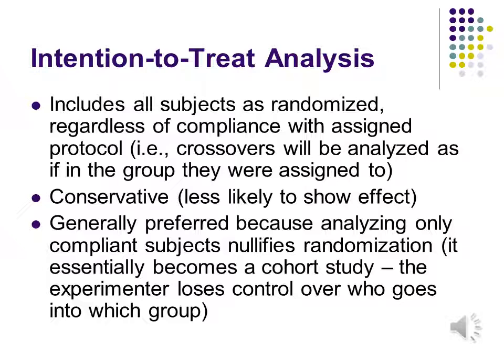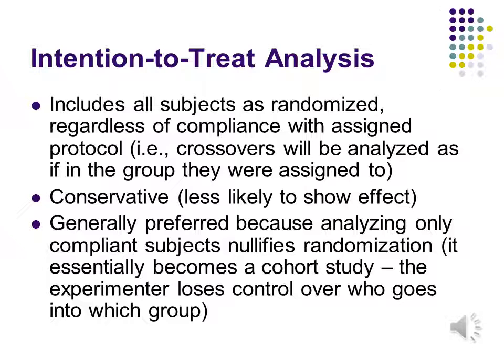This is a conservative analysis in the sense that it's less likely to find an effect if there really is one there, because some of the people from one arm actually ended up getting the treatment that was in the other arm, so it's not as clean. But it's generally preferred because if you don't analyze it this way, then it becomes more like a cohort study.